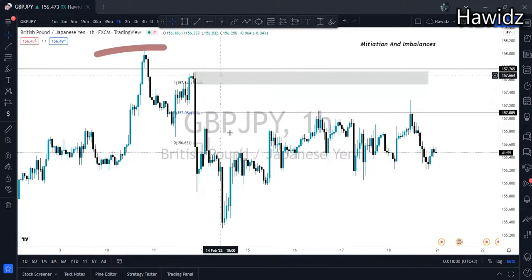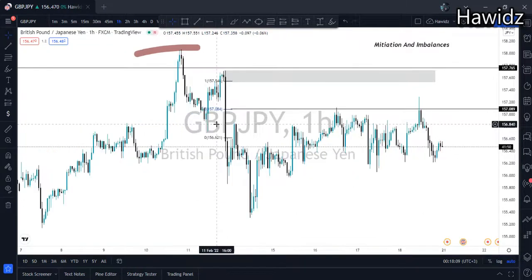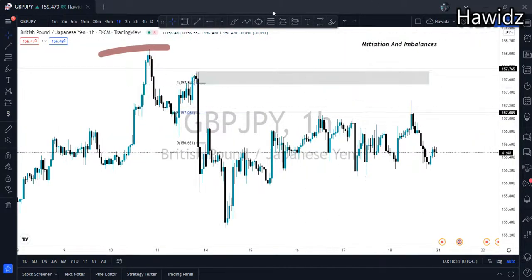So for example, right here, if you're a person that has a higher risk appetite, you could have easily taken an entry here. Because you have your imbalance from here to here, and this is the 50% of it, the middle.